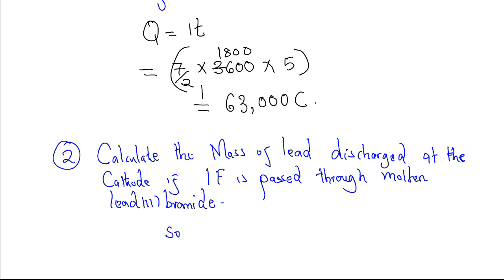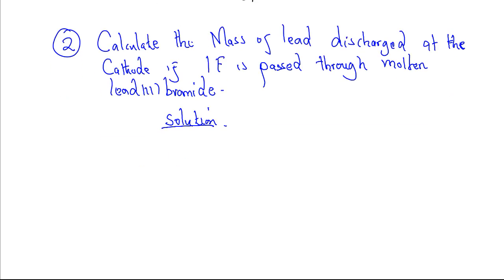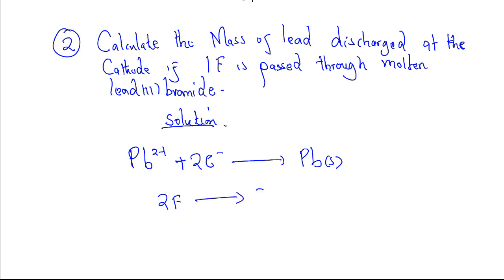Solution: first of all, we want to write the equation at the cathode, that is lead ion plus 2 electrons leading to lead solid. That is 2 electrons, so it means 2 Faraday will give a mass of lead.